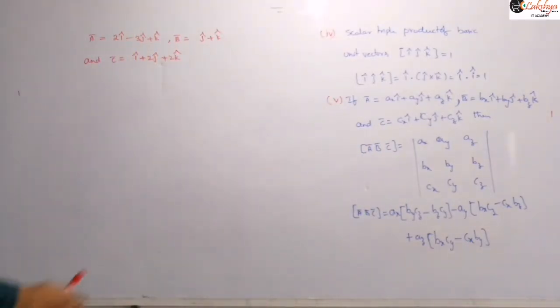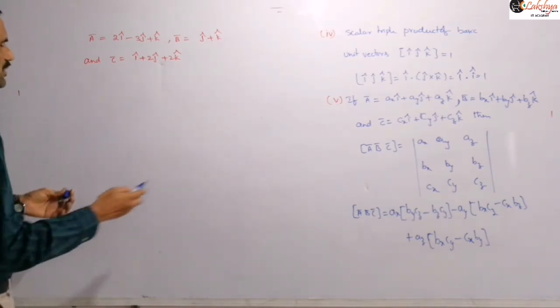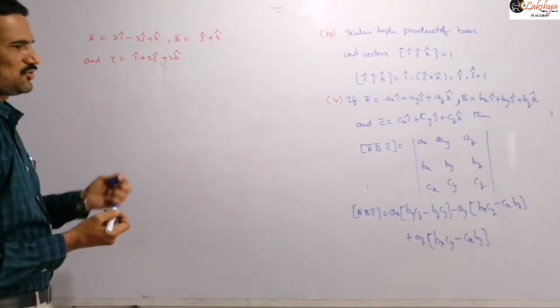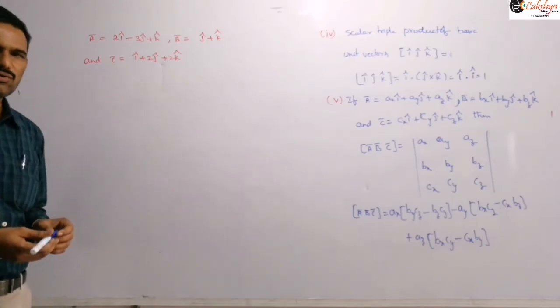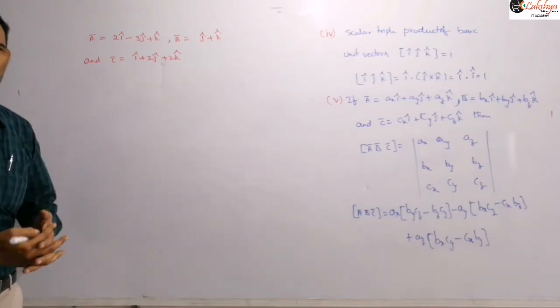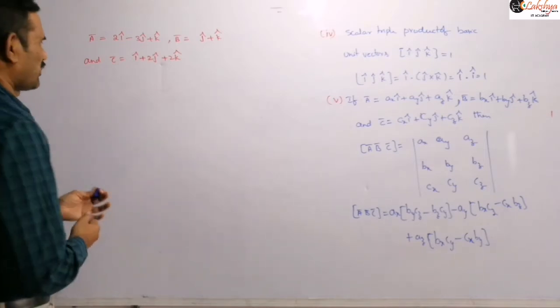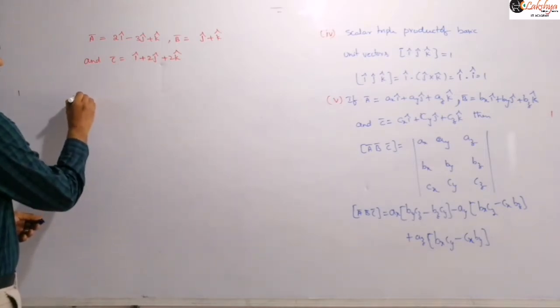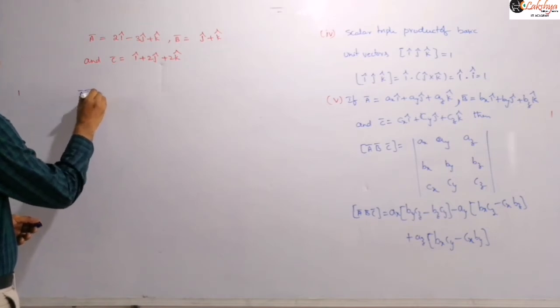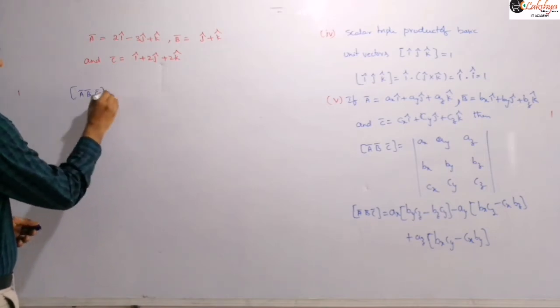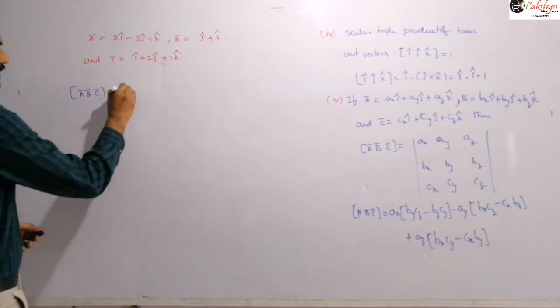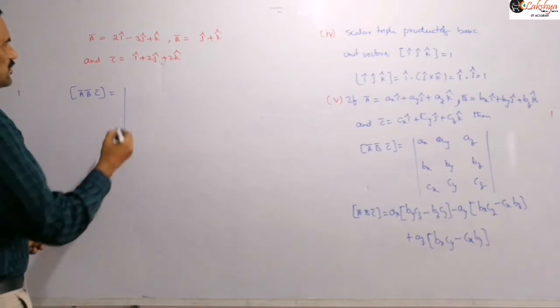And so now, we need to write this as a determinant. That means we need to find the determinant value. If the determinant is obtained as 0, then you can conclude that those vectors are coplanar. Otherwise you can say that those are non-coplanar vectors. So I am writing a bar, b bar and c bar as a determinant similar to that.